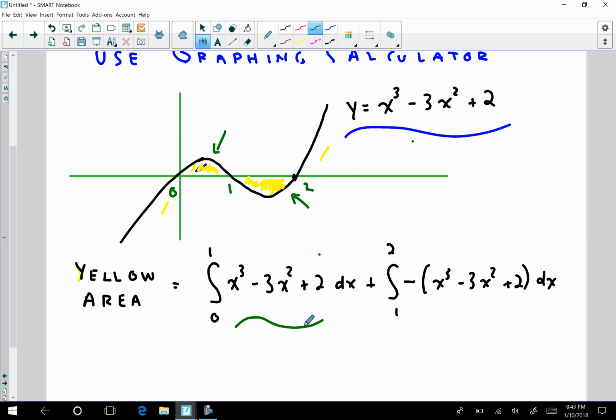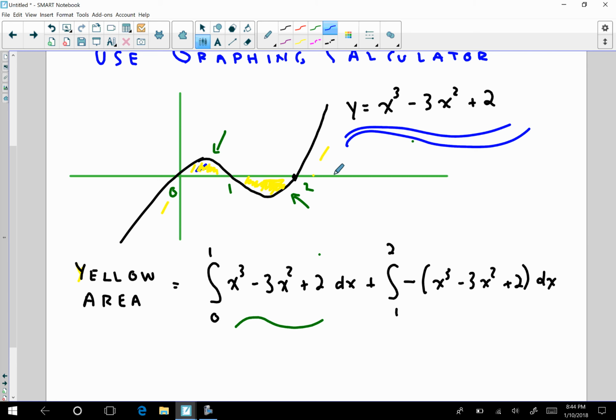And then here's the interesting part, or the part that a lot of people will slip up on. If I want this area and this function is below the x-axis, and we did a problem like that yesterday, mind you, I can't just take the integral from 1 to 2 of this function, because that would be negative, since this function is below the x-axis from 1 to 2.